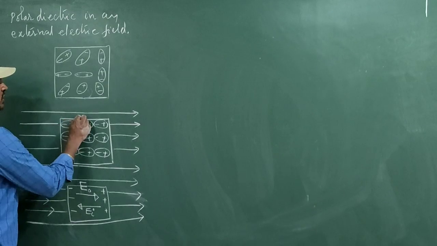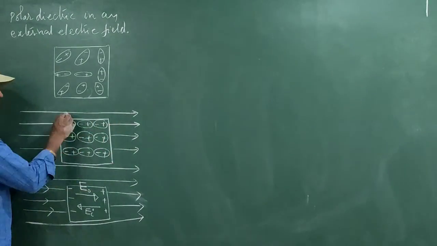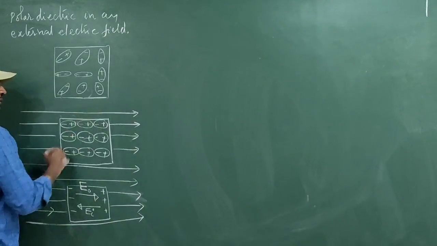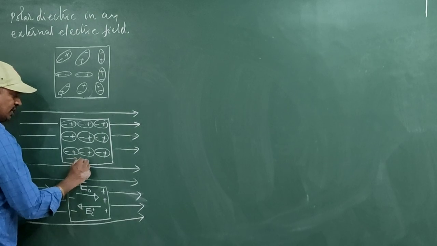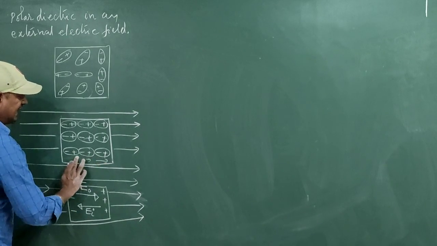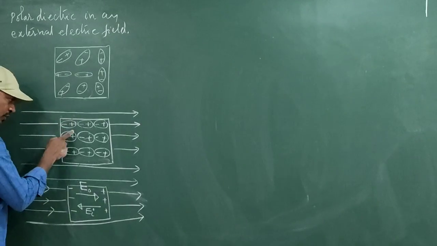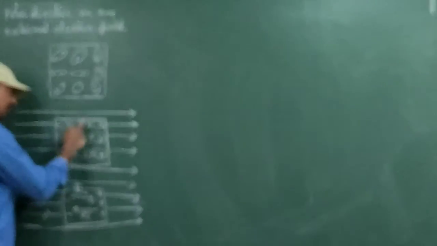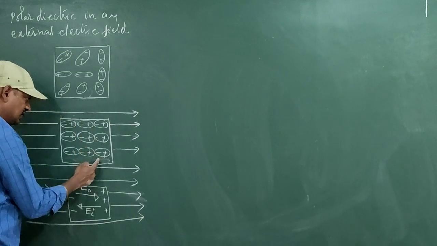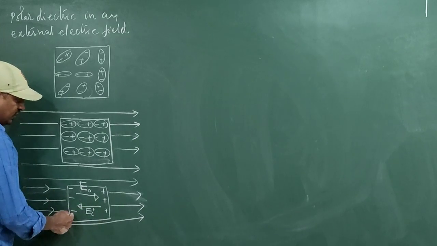For each and every molecule there is a dipole moment. All the positive charges will cancel with negative charges nearby. So what are we left with? Positive charges on one side, negative charges on the other.